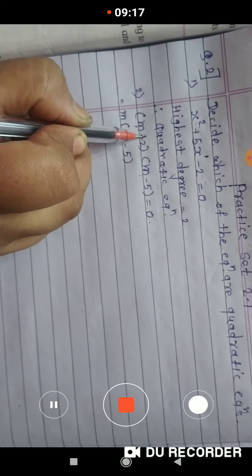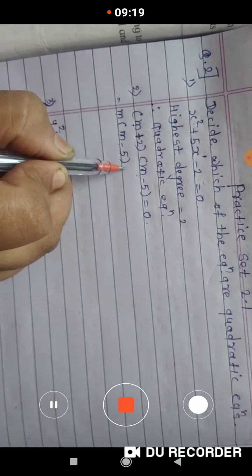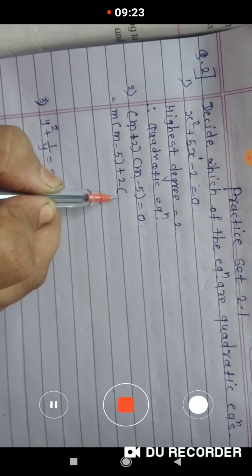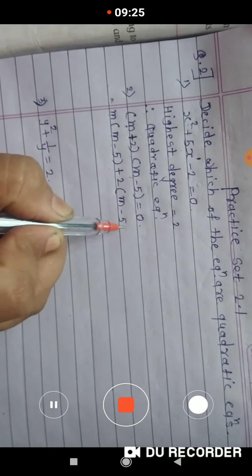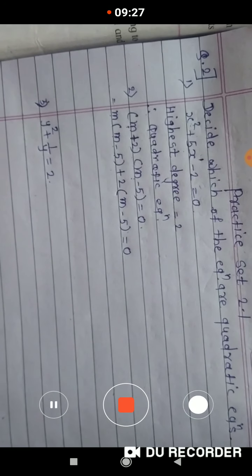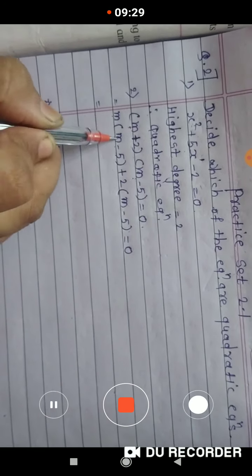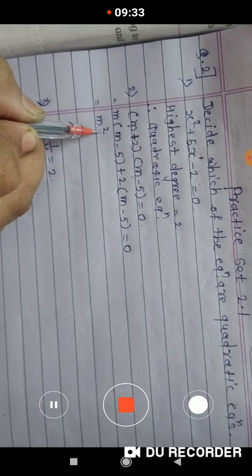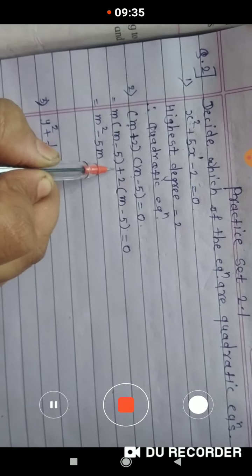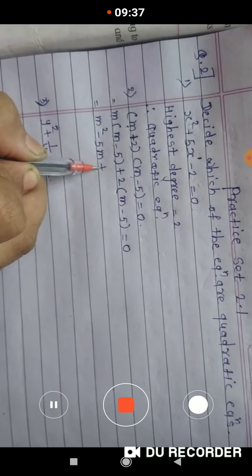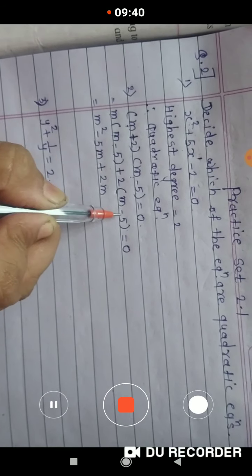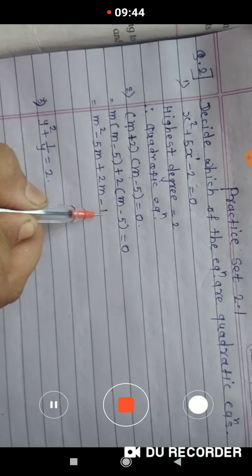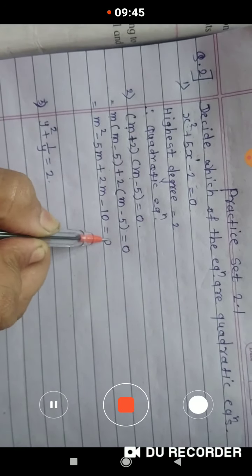Again write down the second term of the first bracket, that is plus 2, and the second bracket is m minus 5 is equal to 0. Now see, m into m, m square, m into minus 5, minus 5m, plus 2 into m, plus 2m, plus 2 into minus 5, its multiplication is minus, and 2 into 5, 10 is equal to 0.